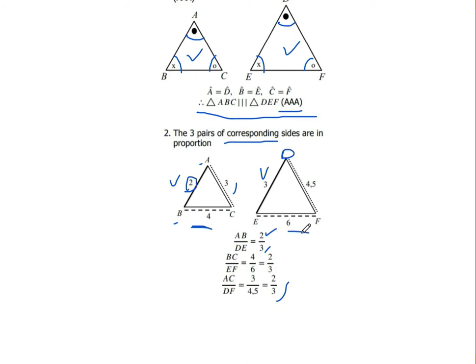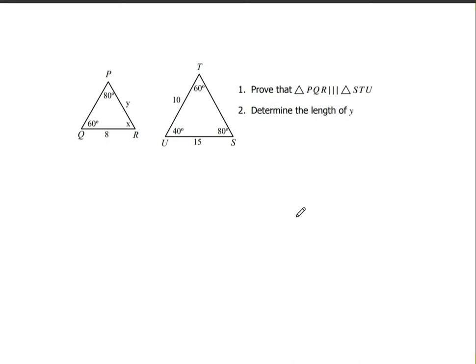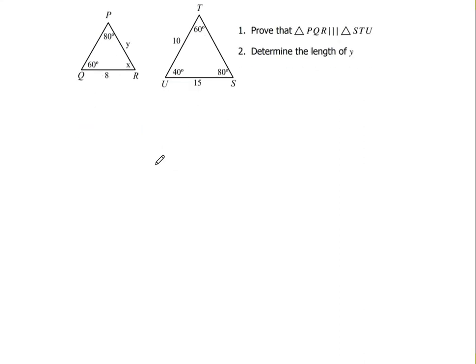So now let's go back to the question and see if from those two properties we can solve this question. We need to prove that triangle PQR is similar to triangle STU. What is the first thing that we do? One thing we need to do to make things easier for us to solve this question, and what I think is the best thing to do, is to start by drawing a statement column.